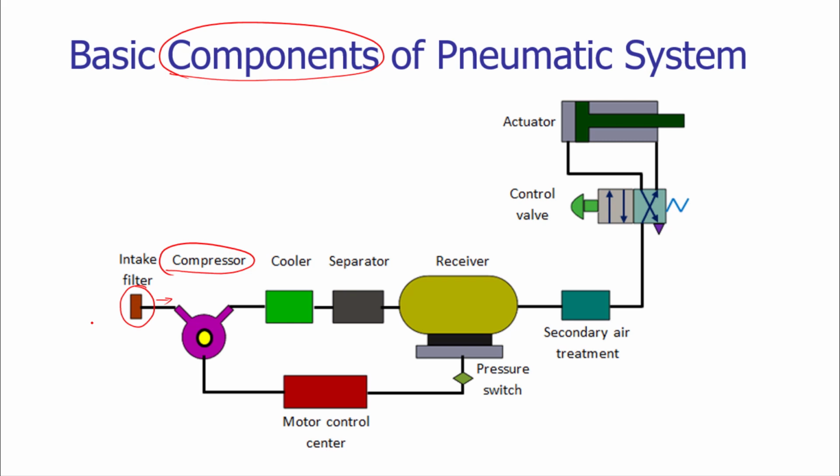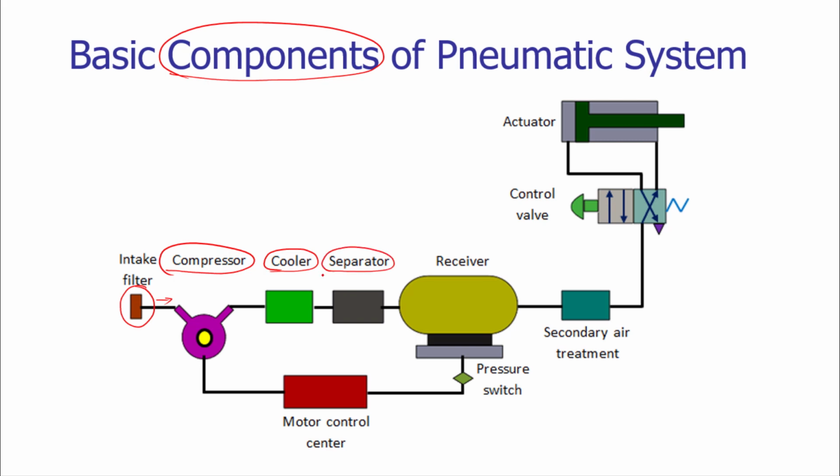As we have seen by Boyle's law, when the volume is reduced and pressure is increased, the temperature will also increase. So we need to reduce the temperature of that pressurized air. Once it is reduced to the normal temperature, there may be condensation of the water particles inside that pressurized air. Whatever the percentage of water inside the air will get condensed when we reduce the temperature, when we bring it to the normal ambient temperature.